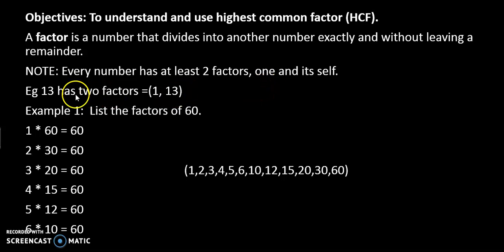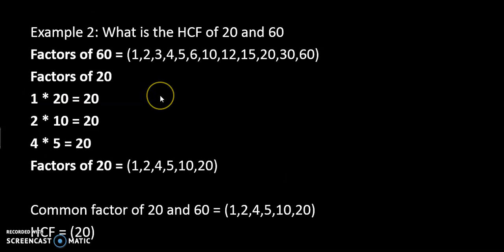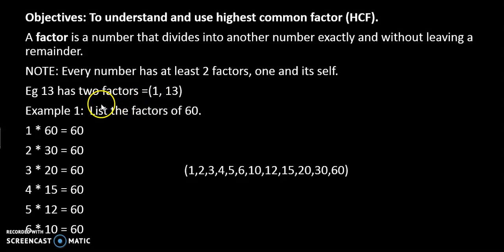For example, if I take a number 13, it has two factors, 1 and 13 itself. If I take this number 13 and I divide by 1, 13 divided by 1, I'll get 13. There is no remainder, so 1 is a factor.